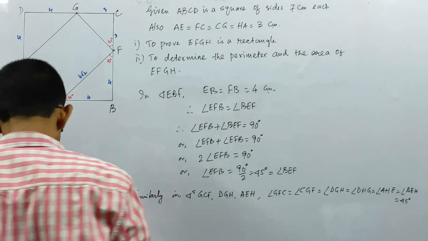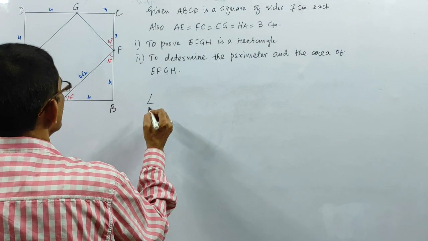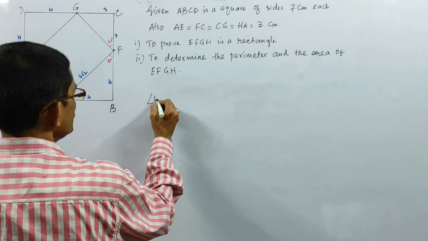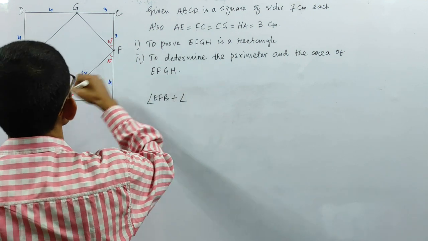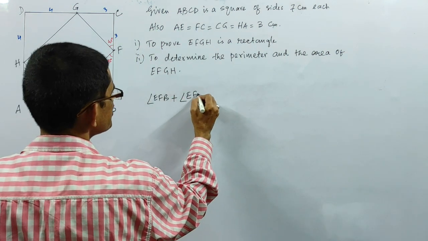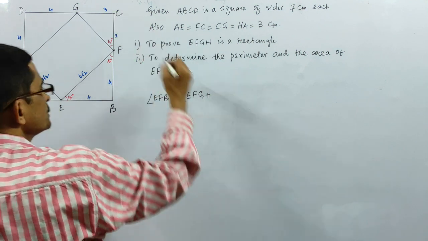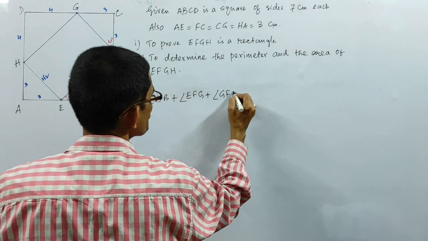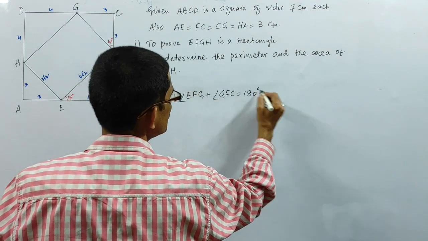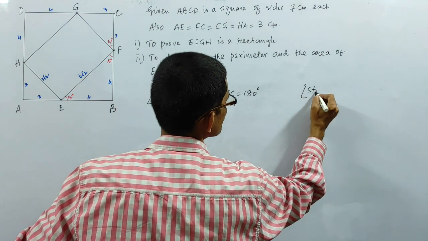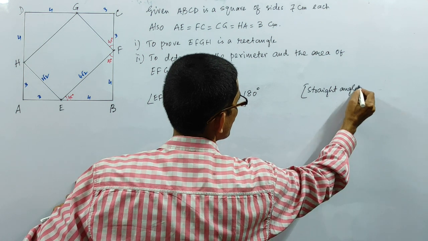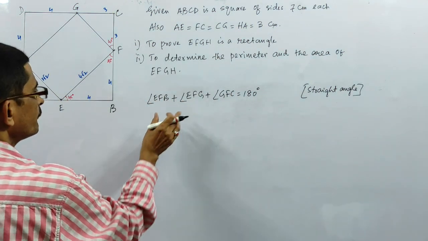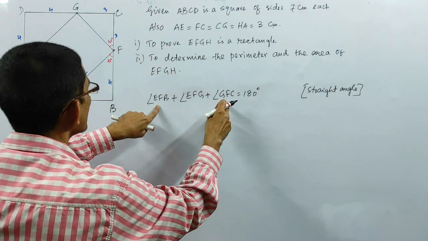Let us write on the board. Angle EFB plus angle EFG plus angle GFC is equal to 180. This is a straight angle, whereas these two angles are 45 degree each.